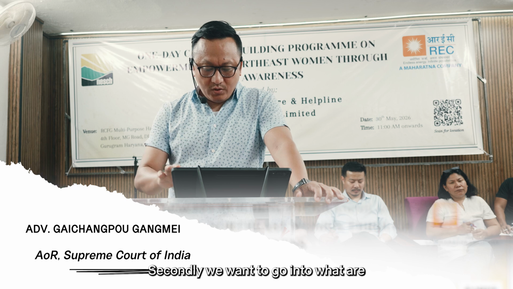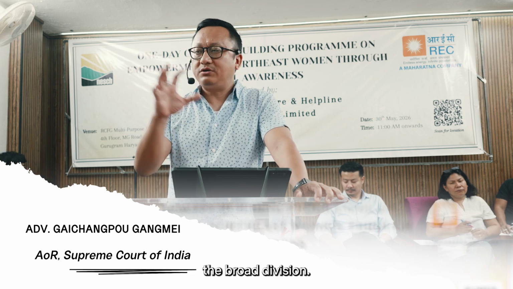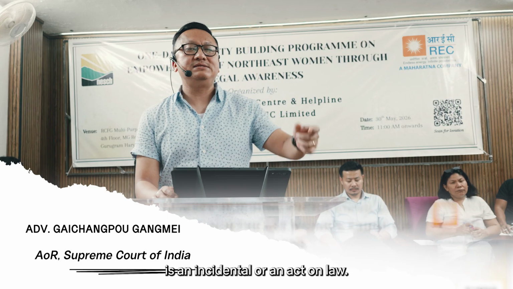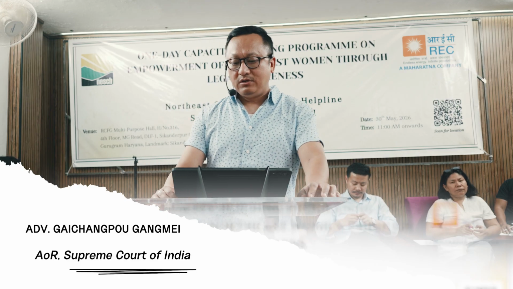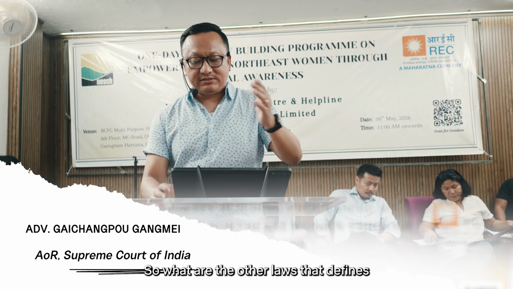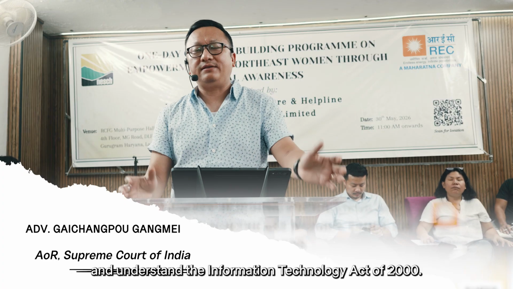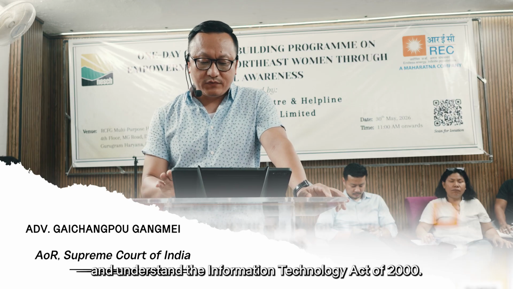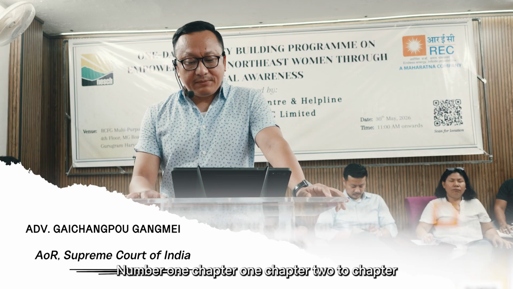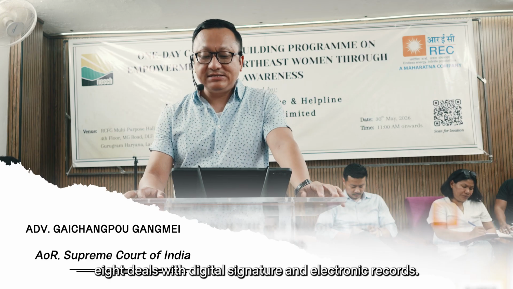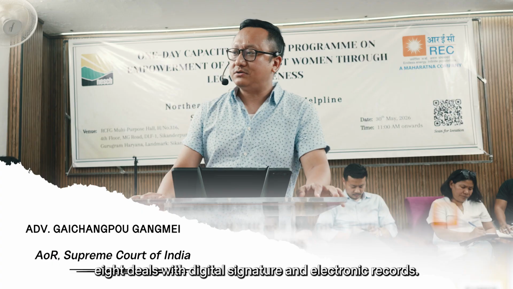Secondly, we want to go into what are the broad divisions. I told you that the cybercrime law is an incidental or an add-on law. So how can you break up and understand the Information Technology Act of 2000? Number one, chapter 2 to chapter 8 deals with digital signature and electronic records.